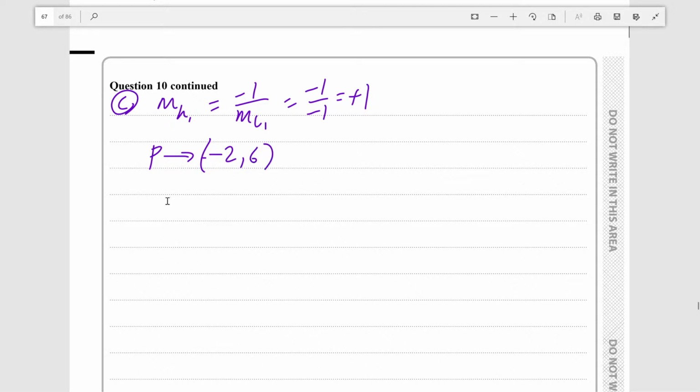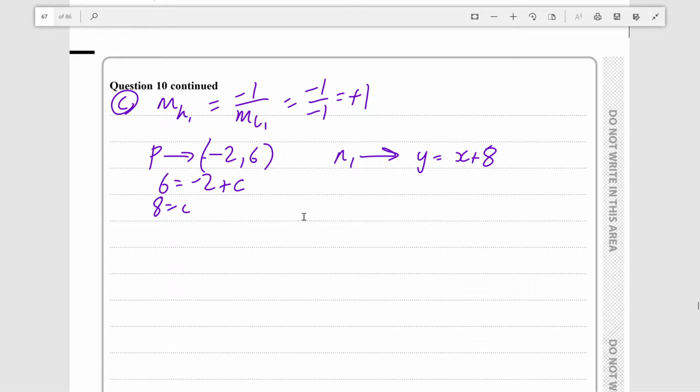So if we say that y is equal to x plus c, because the gradient is 1, it does not show up when we evaluate the equation. 6 is minus 2 plus c, and so 8 is c, and the equation of the normal to M is equivalent to y is equal to x plus 8.